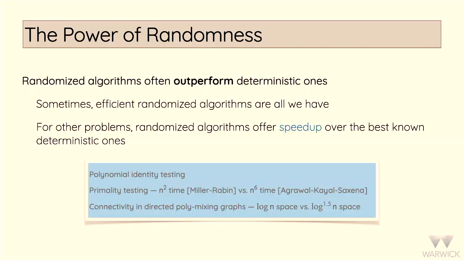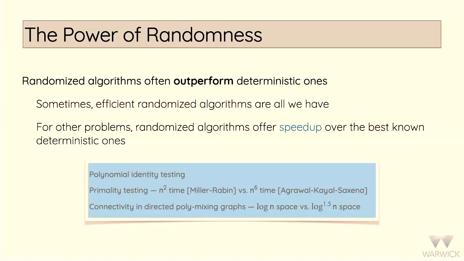So let's see. We've just heard about polynomial identity testing in the morning session. This is an example where we don't know any efficient deterministic algorithm. But we can take, for example, primality testing. We do have both randomized polytime and deterministic polytime, but the randomized one is much more efficient and simple, right?